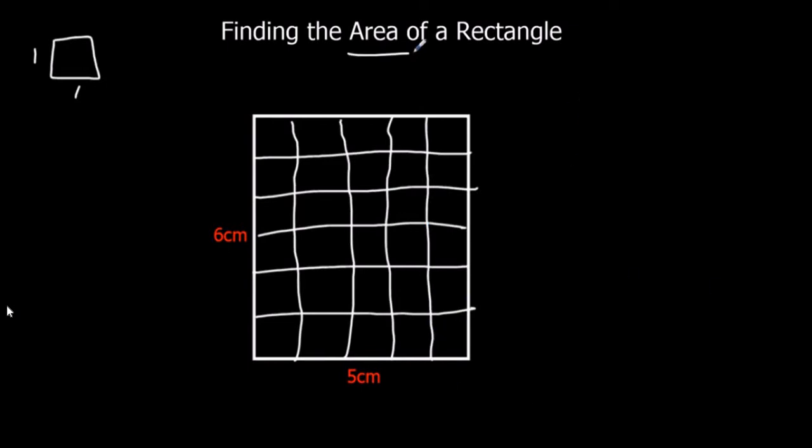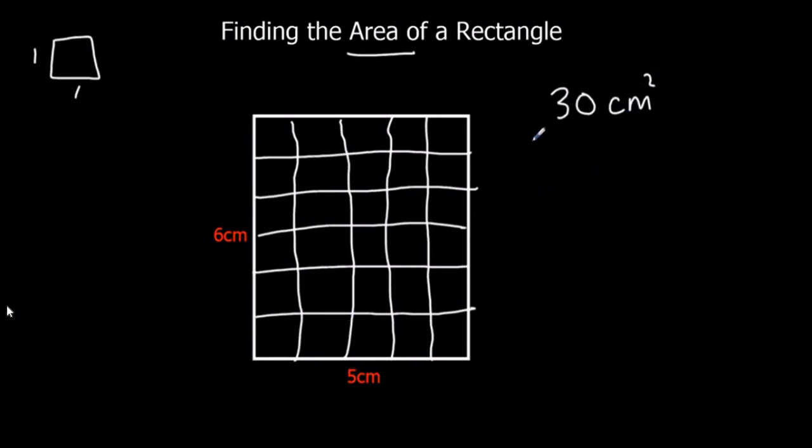When we're looking for the area, how many squares are there? Well, there's 5, 10, 15, 20, 25, 30 squares. So the area is 30 centimeters squared. 30 of the centimeter squares go into this shape.